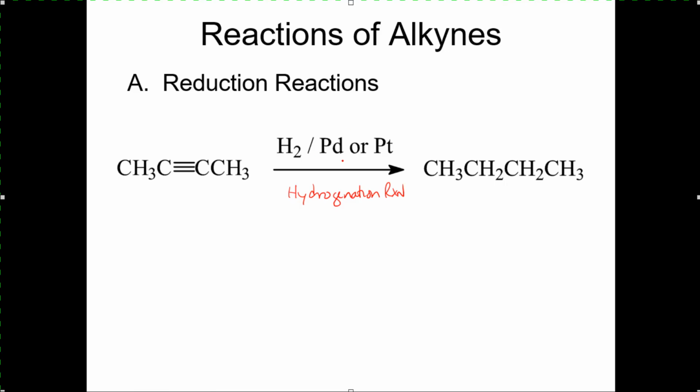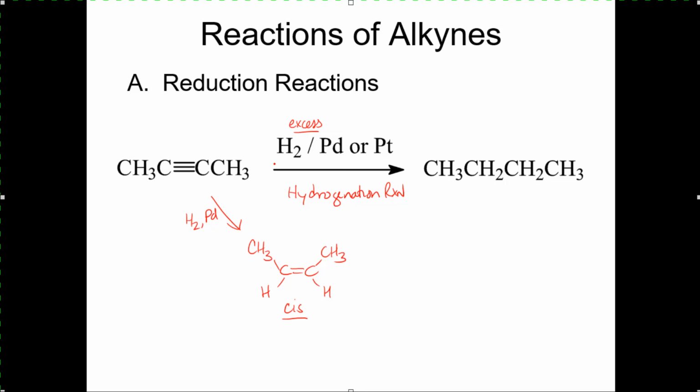And what we have to realize is that when we add hydrogen, we're always adding excess hydrogen whenever we do any kind of hydrogenation reaction, whether it's with a double or a triple bond. We can't just add one equivalent of hydrogen. And even if we could, the first hydrogen would react with the palladium platinum metal catalyst, and it would add the two hydrogens to the triple bond and form a cis-alkene.